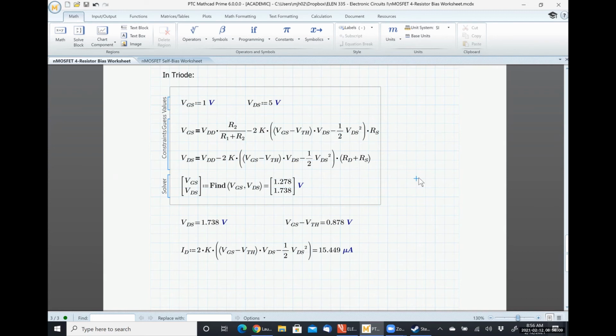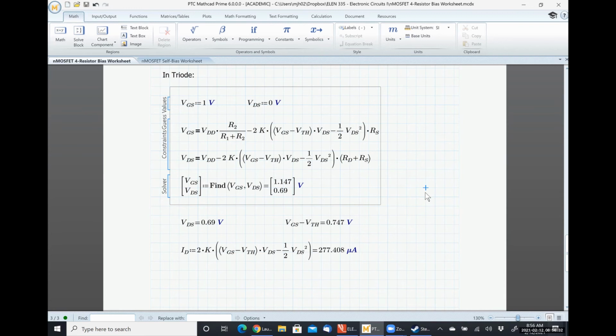So we have to pay attention to the fact that there are quadratic-based relationships that are going to have two solutions. We have to make sure our solution makes sense. So just as a rule of thumb, make VDS less than VGS minus VTH, and you're going to force it to pick the right one.